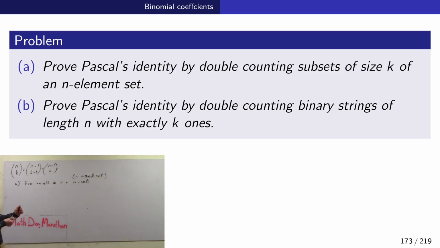Fix an element in your set, and what we're going to do is count the sets of size k that contain this element, and the sets of size k that don't. And from similar reasoning in the last proof, those are the only two choices we have. We either have this thing or we don't. So that will get us our count.